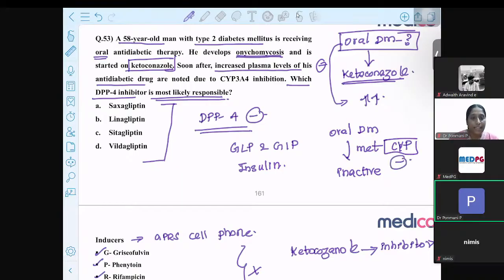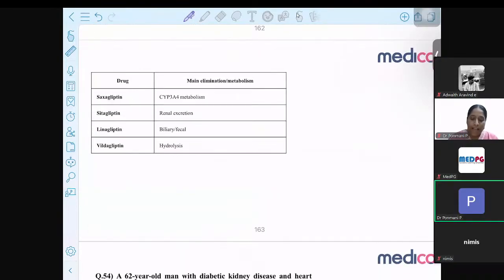So what is the meaning? Among this whole list of gliptins, there is only one gliptin which is metabolized by cytochrome P450 enzymes. So what is that gliptin? As you can see, there is only saxagliptin which is metabolized by CYP3A metabolism.